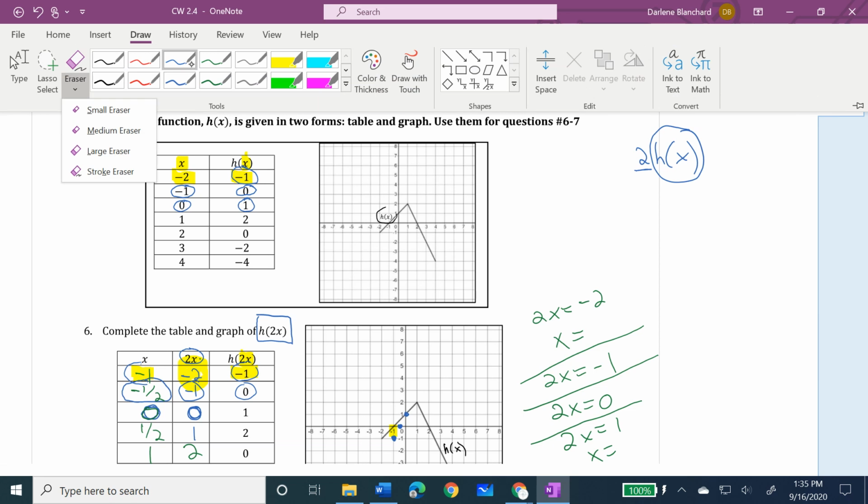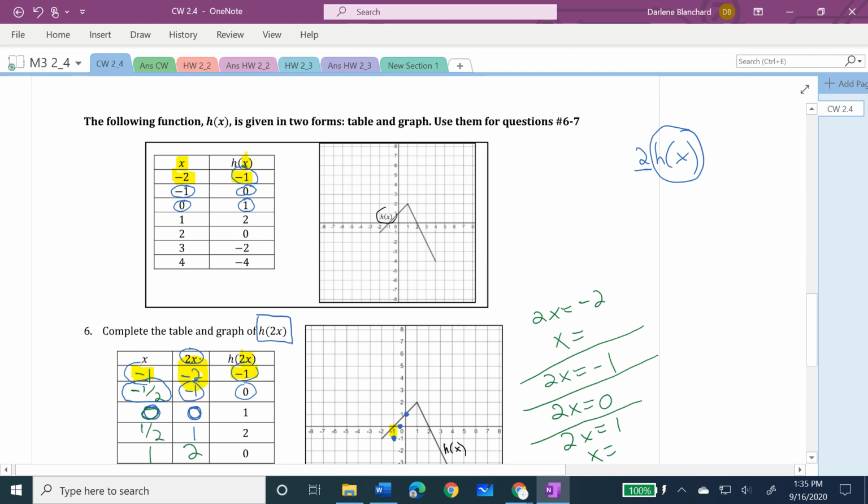Now, I'm going to go to the next point. If x is 1/2, then I am looking right here at x equals 1/2. If I double it before I plug it into h, that means I'm actually plugging 1 into the h function and getting 2.